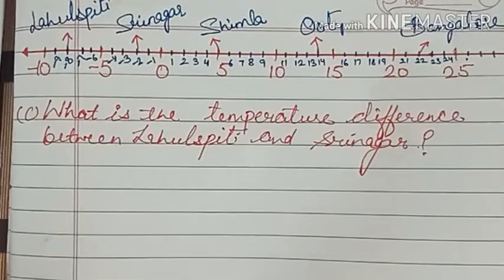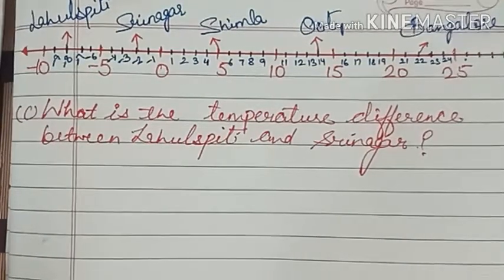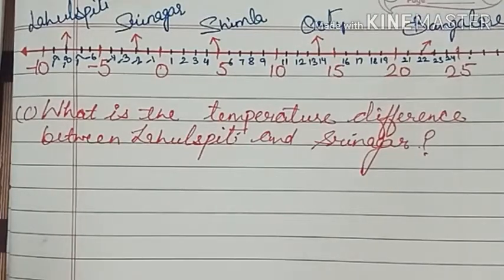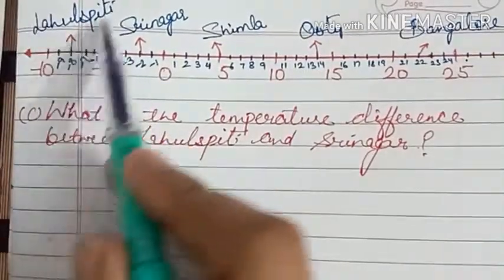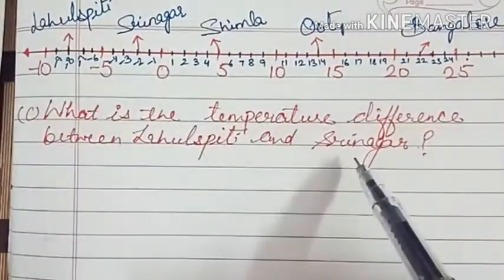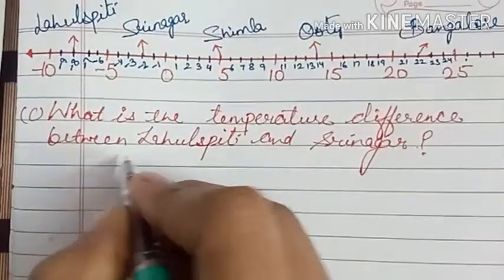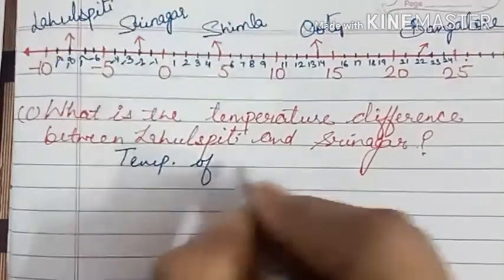Let's come to C part. Here C part is what is the temperature difference between Lahaul Spiti and Srinagar. So here we are to find difference between the temperature of Lahaul Spiti and Srinagar. So let's write. First of all, we will write the temperature of Lahaul Spiti.